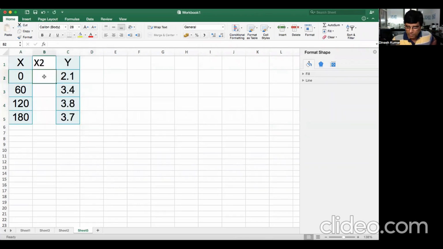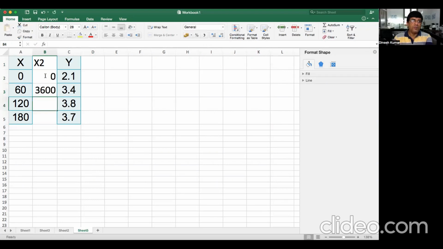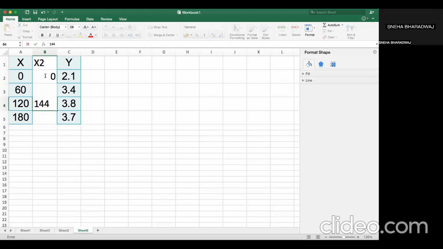Assume this is x square. So now this will be 0. And 60 into 60 means how much? 60 into 60, 3600. Okay. And 120 into 120? 14400.